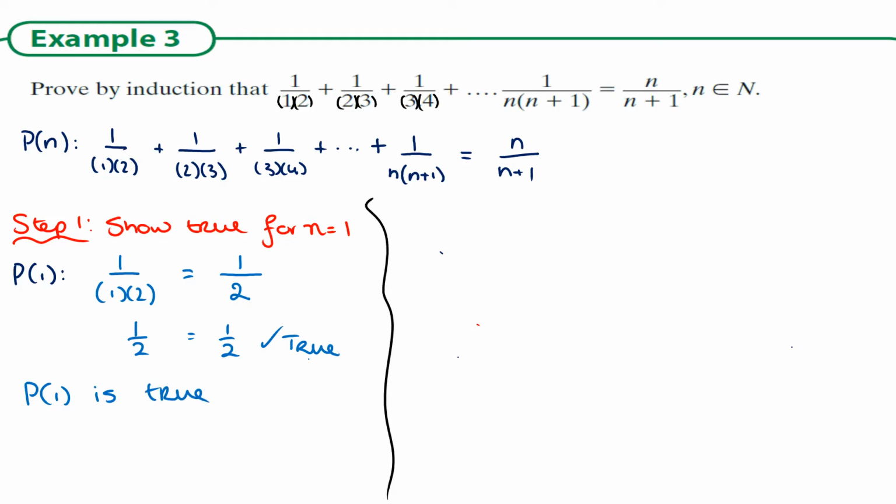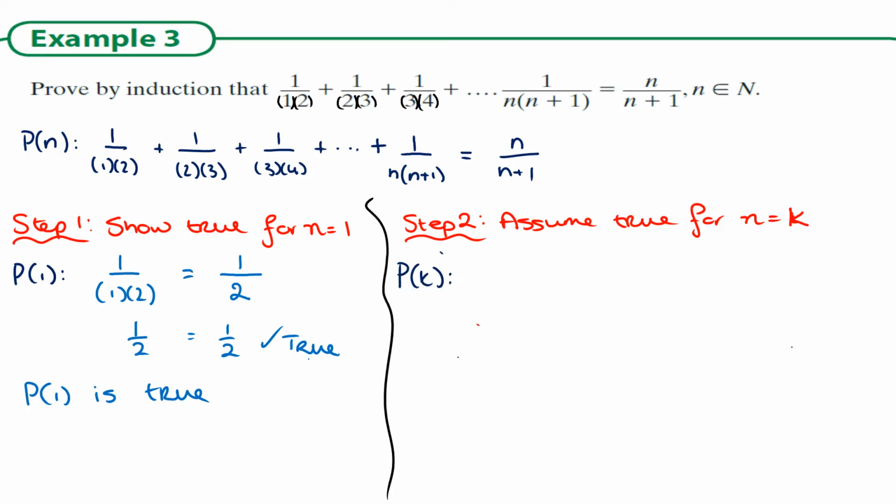We then are going to do step 2. We're going to assume it is true for n equals k. So that's the proposition P(k).